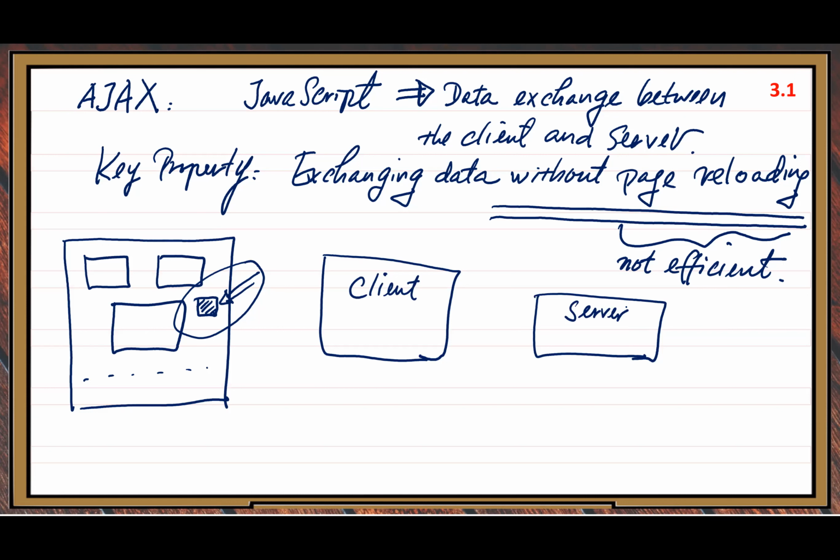On the client side, we have one page displayed, the current page. Then we need to do communication between client and the server. So the client needs to send a request to the server.